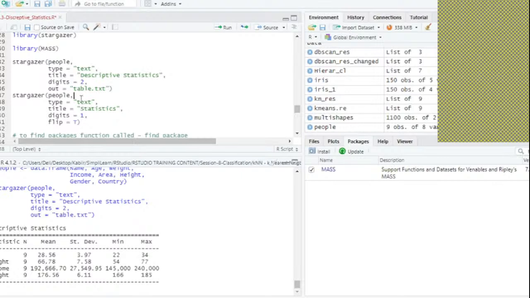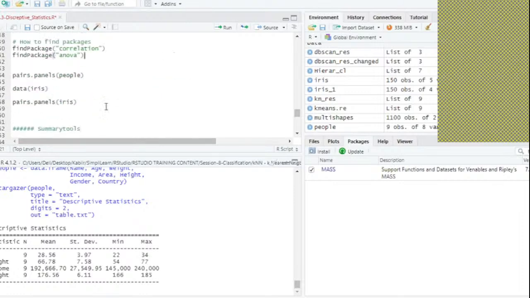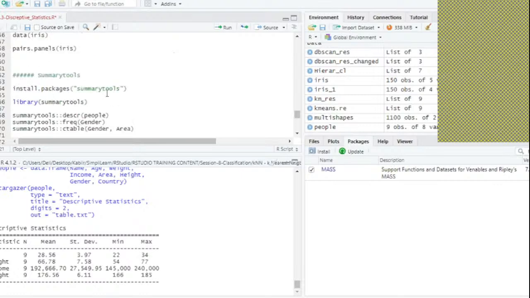Then package finder I've already discussed, and that panel we've discussed. Another interesting package, summary tools. Please download this package, summary tools.